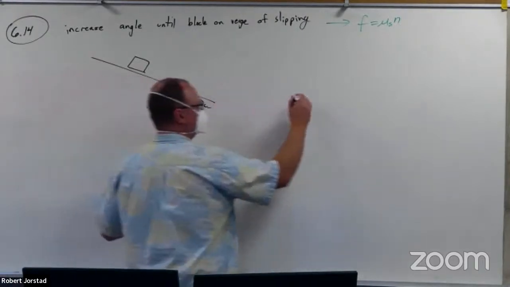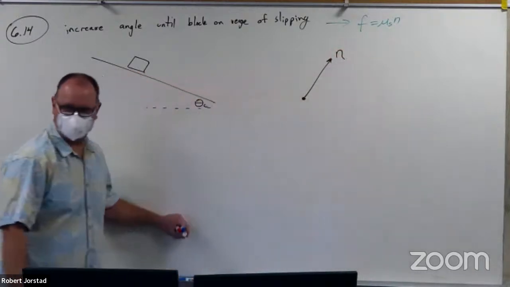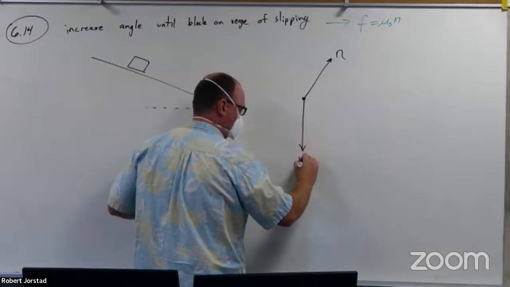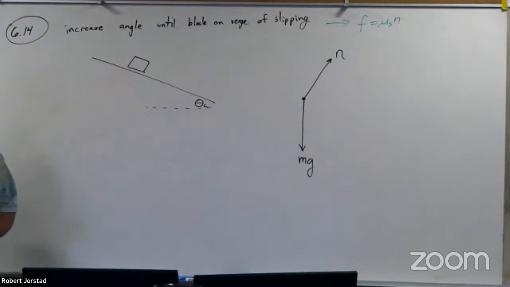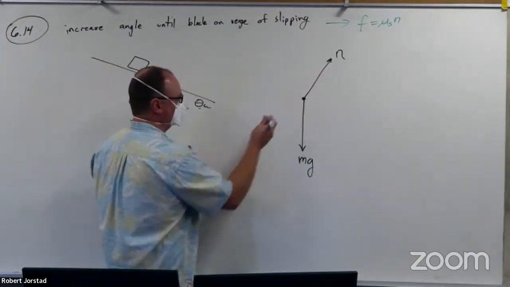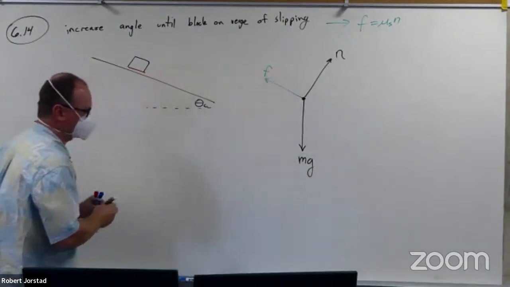Perpendicular, okay. Which way is mg? Straight down. In this problem, as you raise this up, which way is the frictional force? Up the ramp. Notice it's going to be right angles again. Okay, frictional force, there we go.